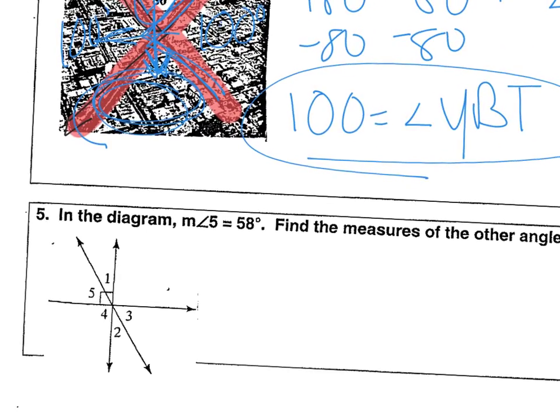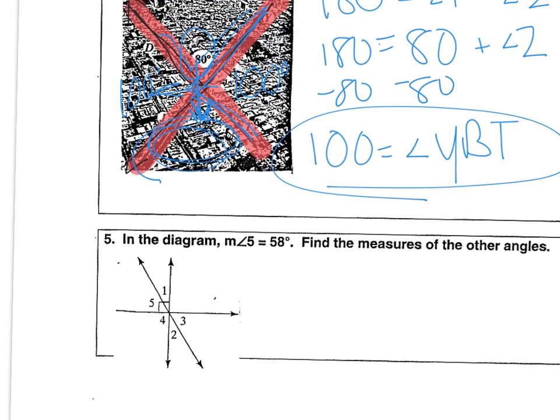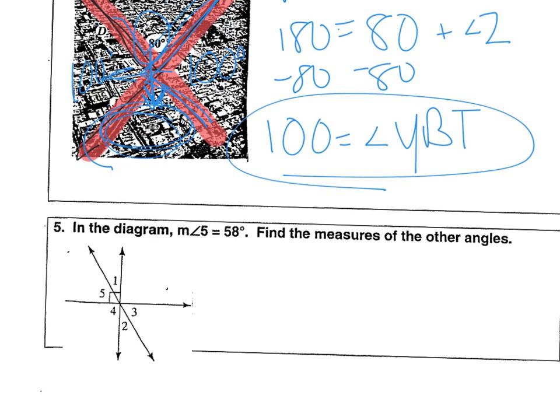Now if we have this diagram, and we know that the measure of angle 5 is 58 degrees, how can we figure out the measure of the other angles? So this is 58 degrees. Now notice right here, this sign, what does that exactly mean? Complementary angles, it makes 90 degrees.